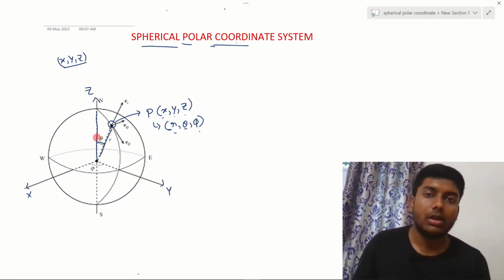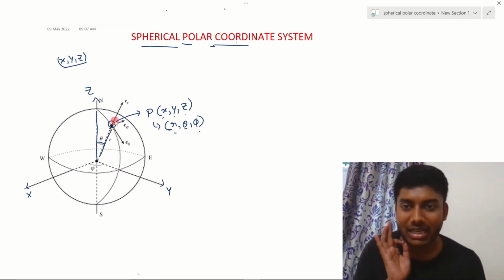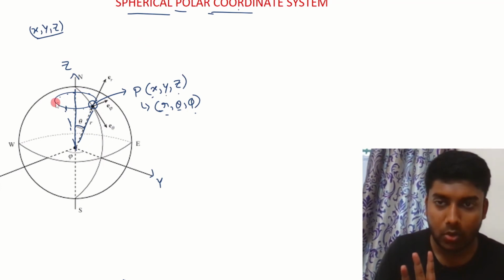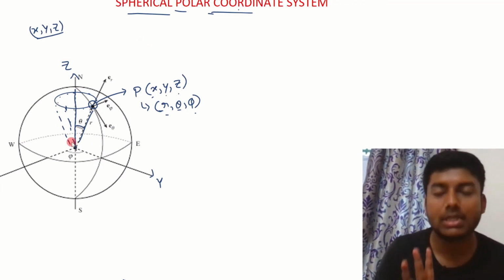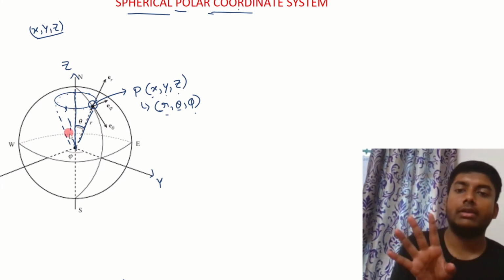The answer is no, because the trajectory of this will be a circle. By doing that, we will only come to the trajectory of this circle. You can understand it in 3D.